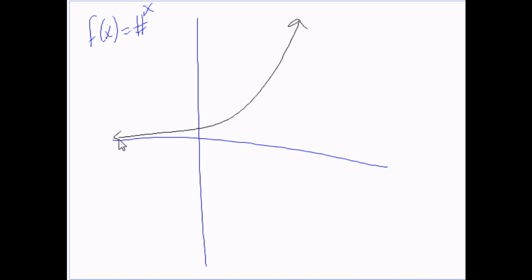And this will never touch the x-axis. Because no matter what number I put in for x, if I keep going negative, I just keep getting a fraction with a bigger and bigger denominator. But it never actually will ever hit 0. It can be like 1/5 gazillion. That's not a real number. But it will never hit 0.